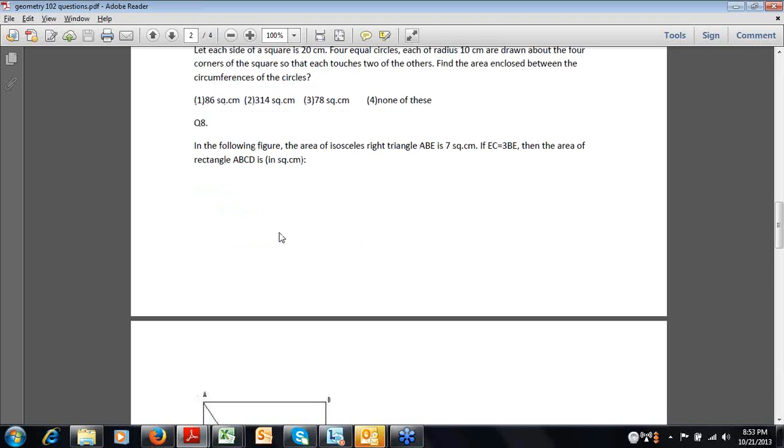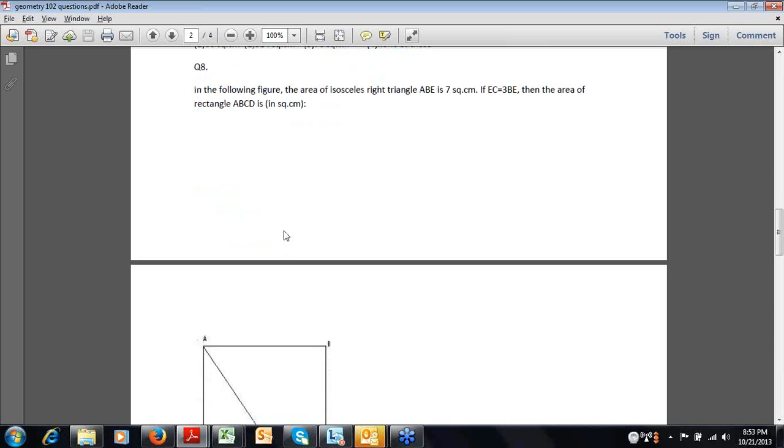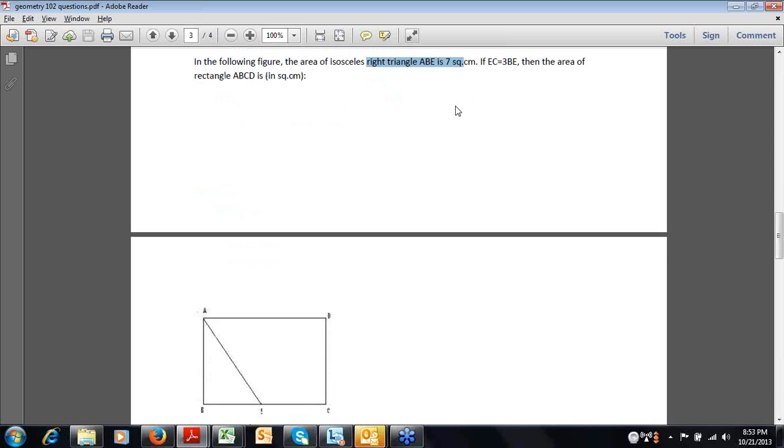Question number 8. In the adjoining figure, the area of isosceles triangle ABE is 7 square centimeters. If EC is equal to 3BE, so the ratio is 3 to 1, then what is the area of ABCD?